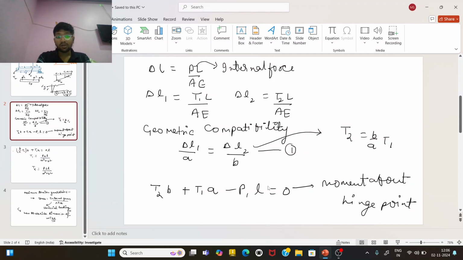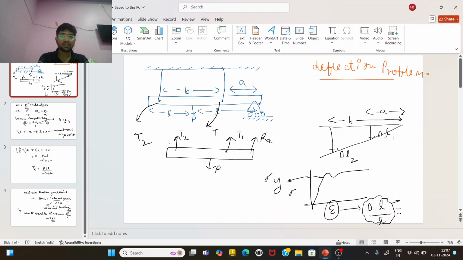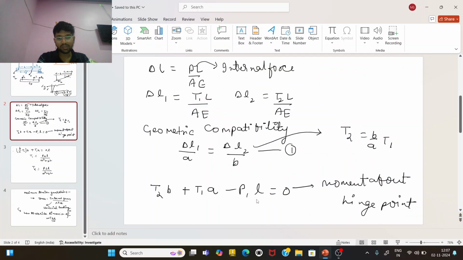Now come to the moment equation. When we take a moment about the hinge point, T2B plus T1A minus PL1 is equal to 0.